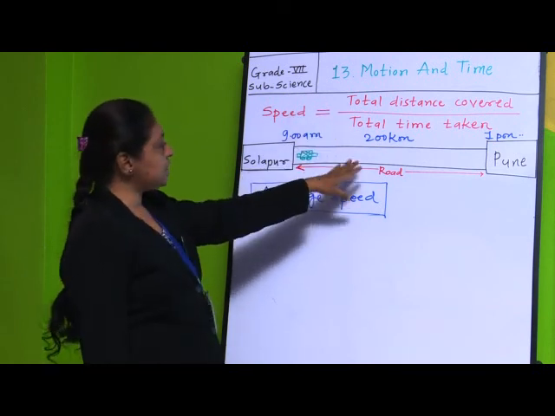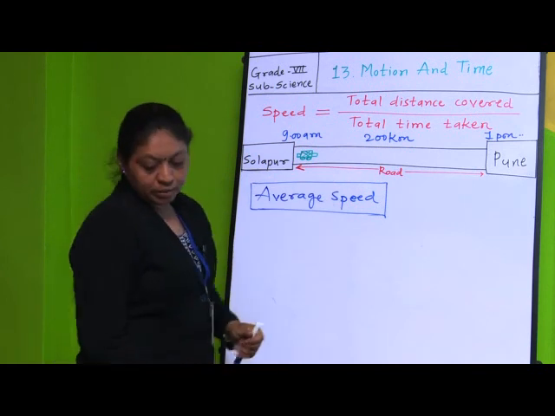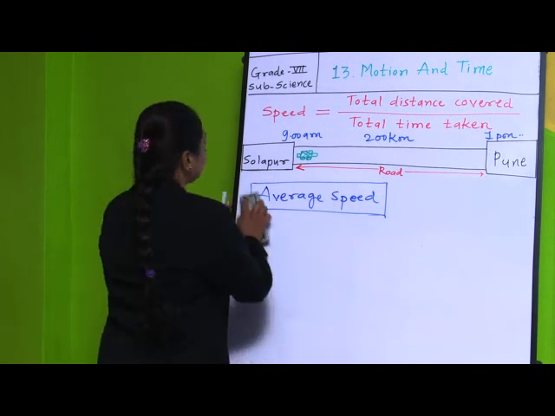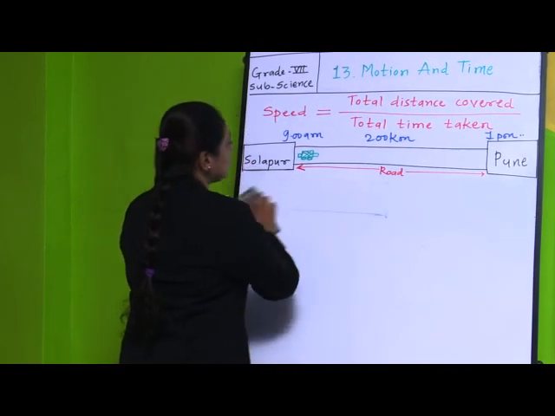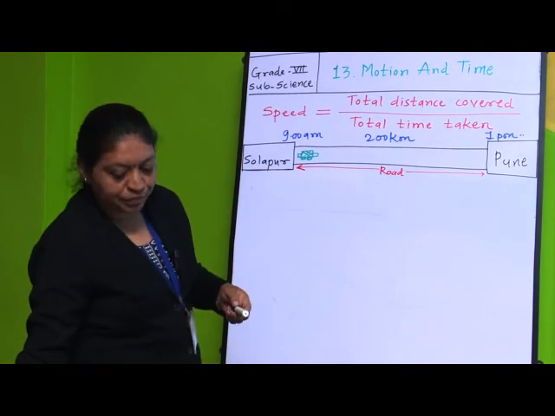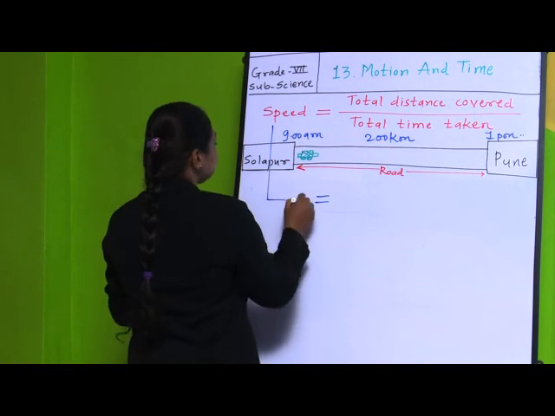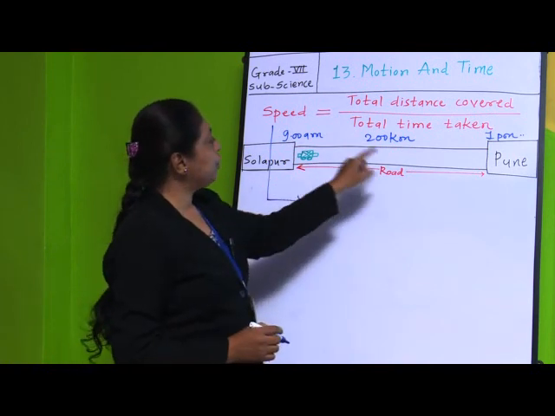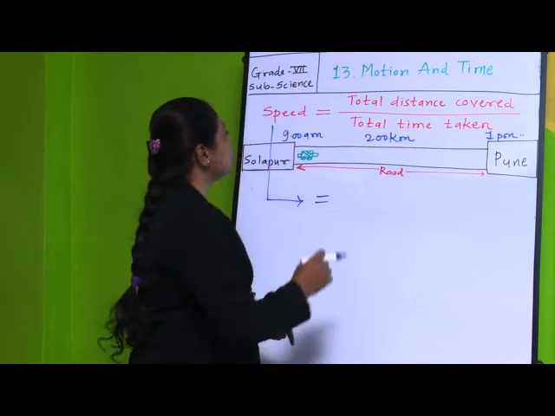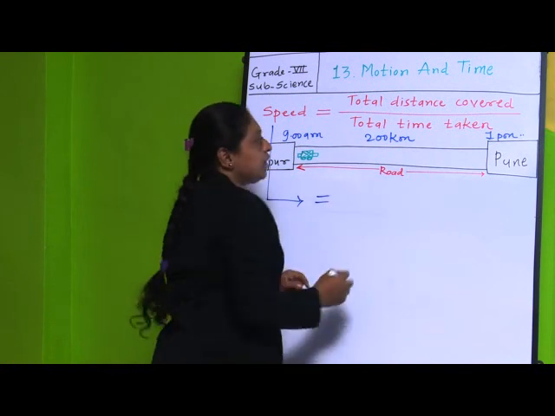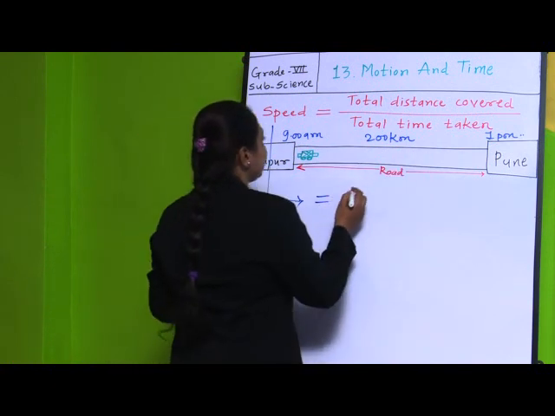If we take this example, what will be the speed here? We have to calculate the speed of this car when it reaches Pune. So see, it started at 9 am.